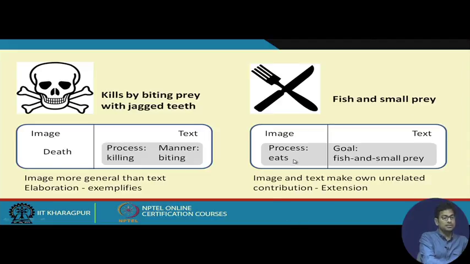So, here the process is eating and the goal is fish and small prey. Maybe it is referring to a certain kind of eating where the target is fish and small prey, but when it comes to the visual message together, each has its own contribution. So, it is just a circumstance where eating is related to fish and small prey for some kind of animal, say for example a bird or a frog, where this makes sense.